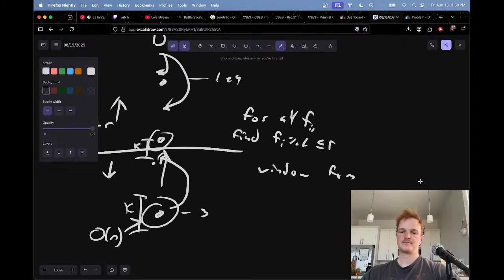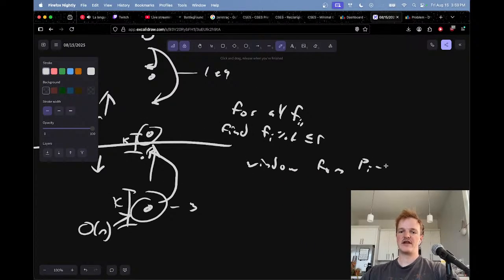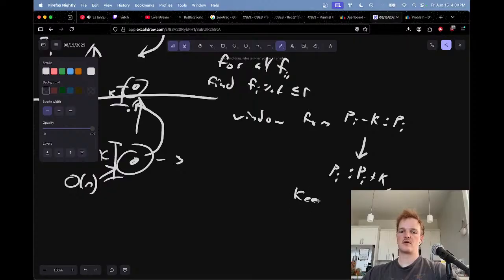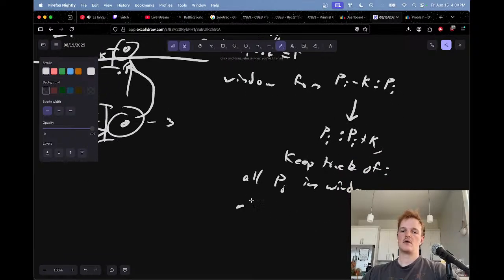From p sub I minus k to p sub I, up to p sub I to p sub I plus k, you keep track of all p sub j in the window, all f sub I times x in the window.